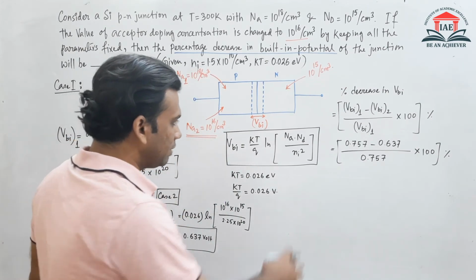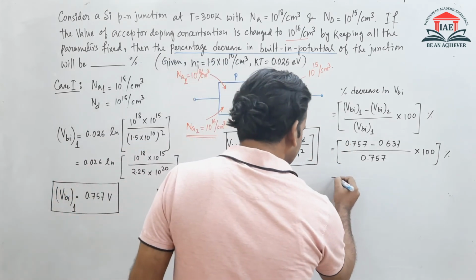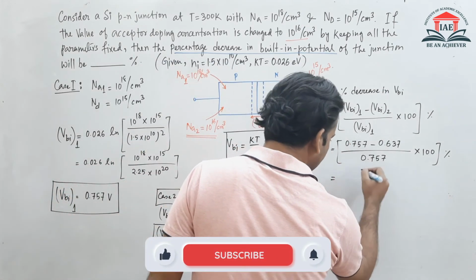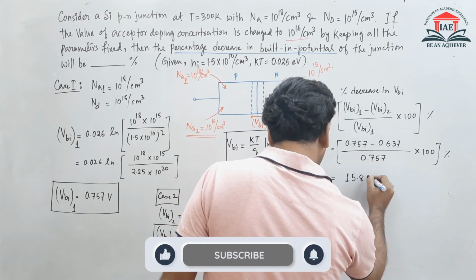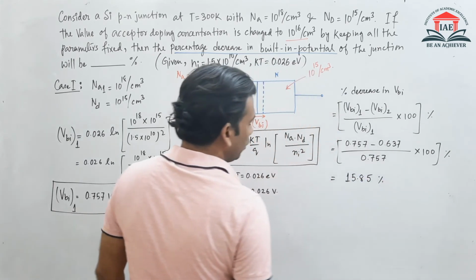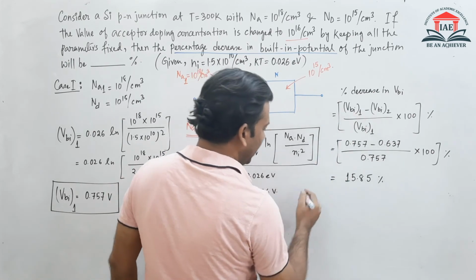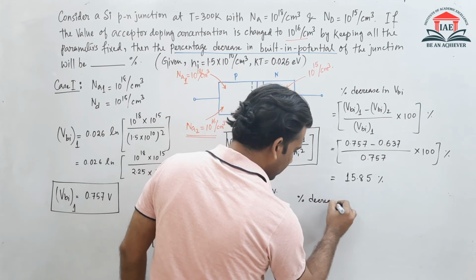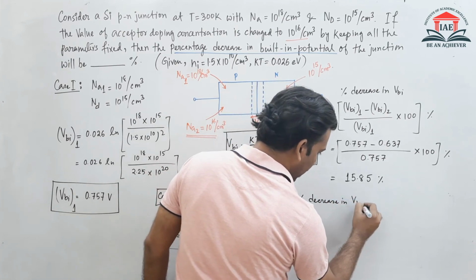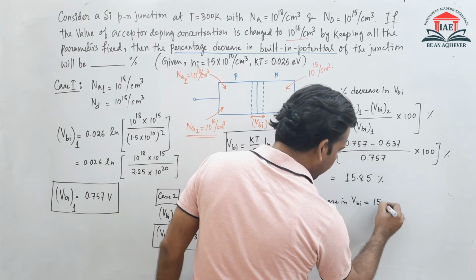So ultimately, calculate this. After calculating, the answer you get will be 15.85 percent. So percentage decrease in VBI is equal to 15.85%.